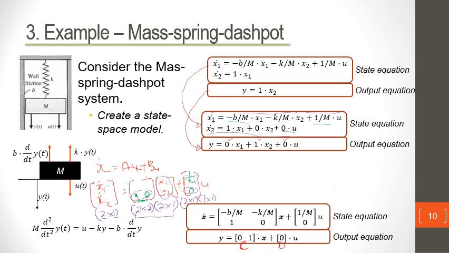It's minus b over m, and it's minus k over m. So therefore, the A matrix would be as given here, and the B matrix will be as given here. And in this case, this becomes our state variable representation of the system, or the state space model. So we have achieved that now.